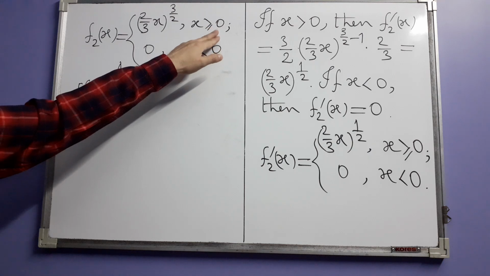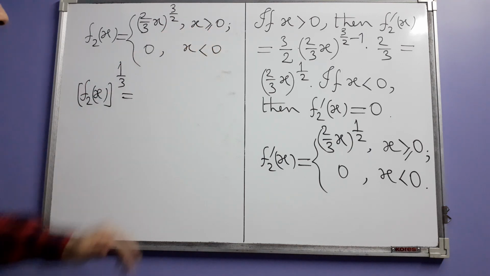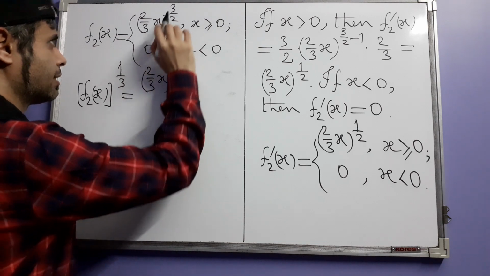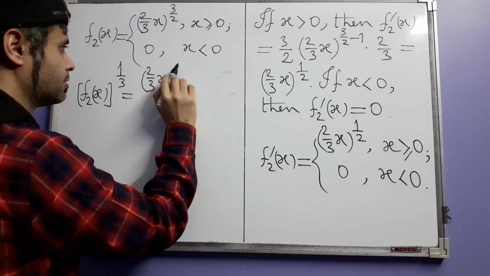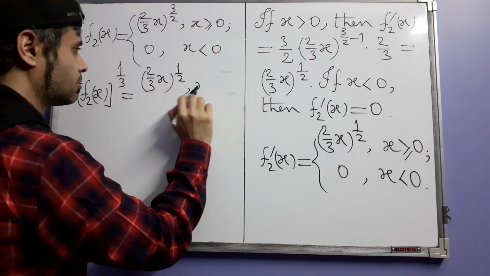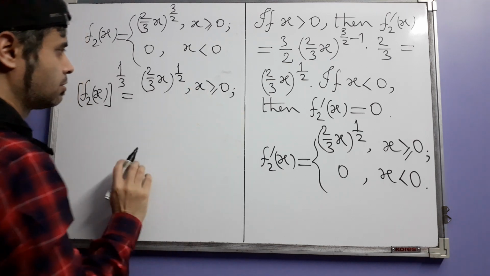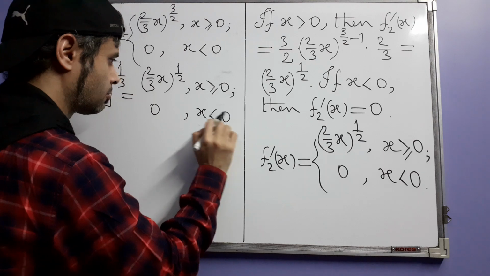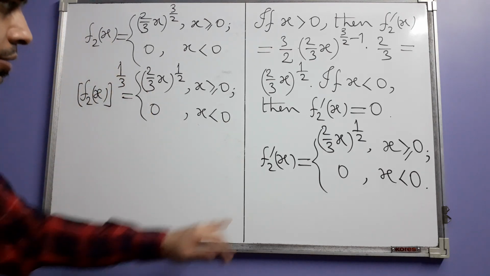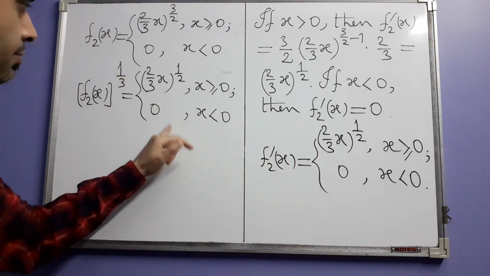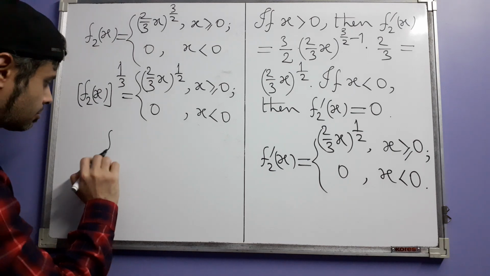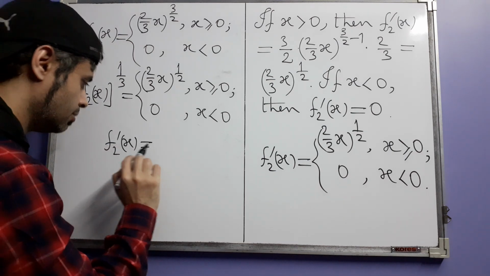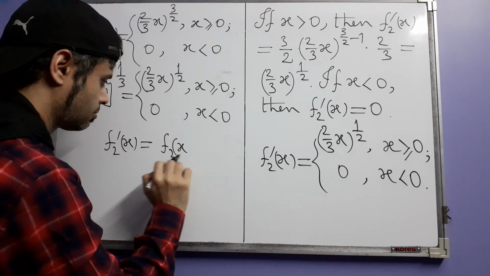What will happen when x is non-negative? You have to take the cube root of this. And by rules of exponents, that 3 and cube root will cancel each other and you will have this. And cube root of 0 is 0. You see, same. That means f2 prime of x is really equal to this.